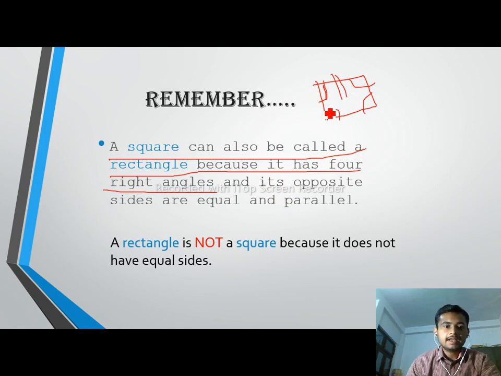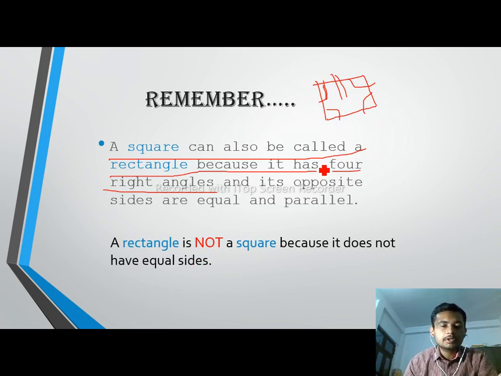But a very important point, students: a rectangle is not a square because it does not have equal sides. A rectangle cannot be called a square because all its sides are not equal. But in a square, all sides are equal.